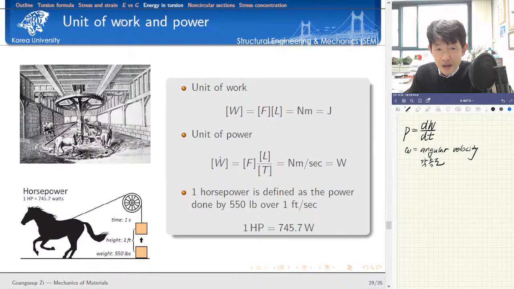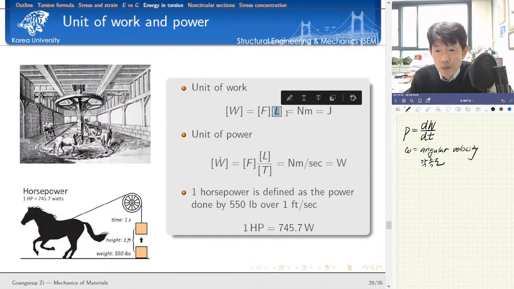Now let's check on an interesting measure of power. We typically use horsepower, 1마력, 2마력, 3마력. Actually, the unit of horsepower was developed in the industrial revolution, 산업혁명 때 개발이 된 겁니다. To make sure, the unit of work is force times length, the work done by force over distance.